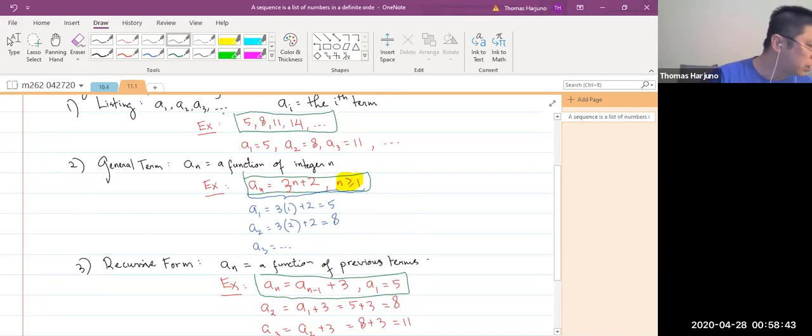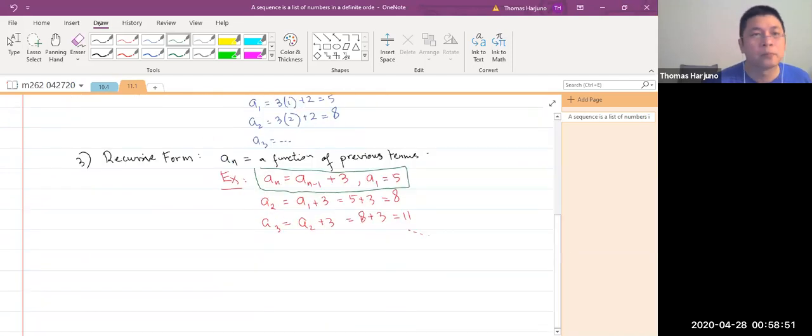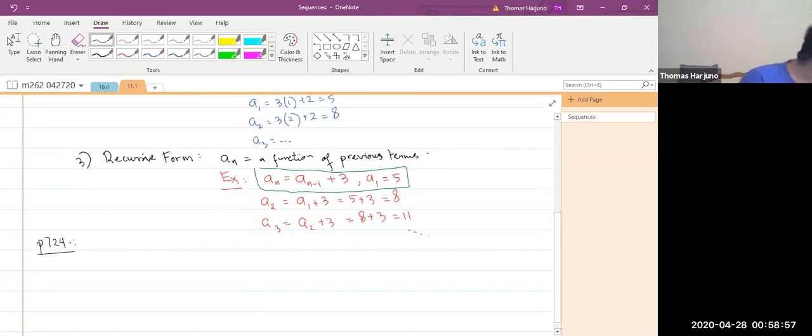Now with that said, let me ask you to do a little problem from page 724. I would like you to do number 4: a sub n equals 3 to the n over 1 plus 2 to the n. List the first 5 terms of the sequence.